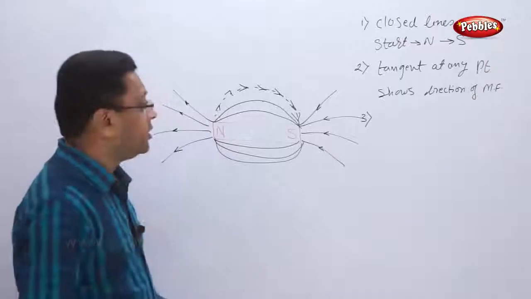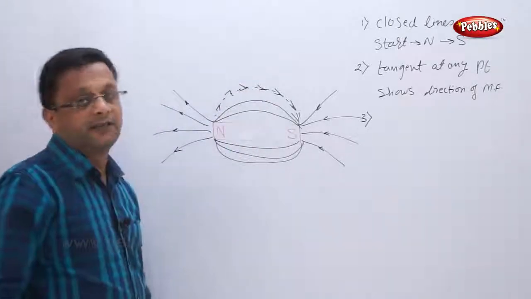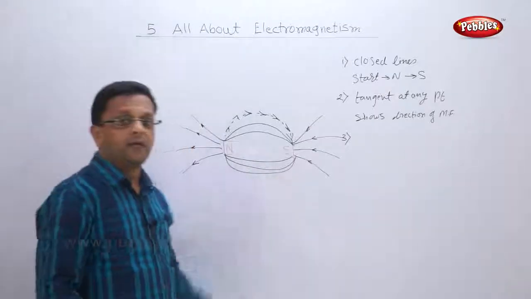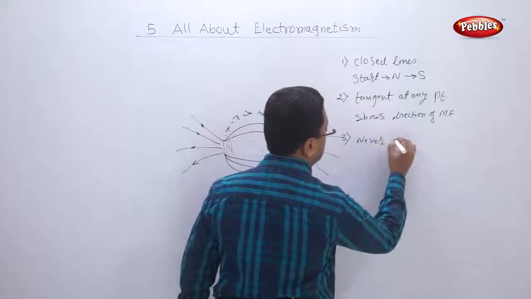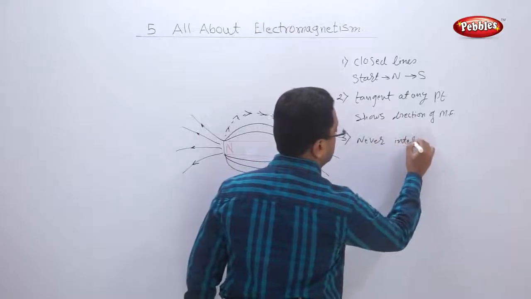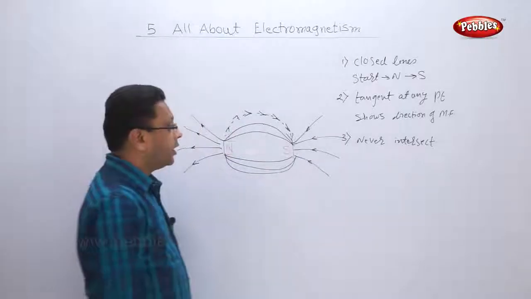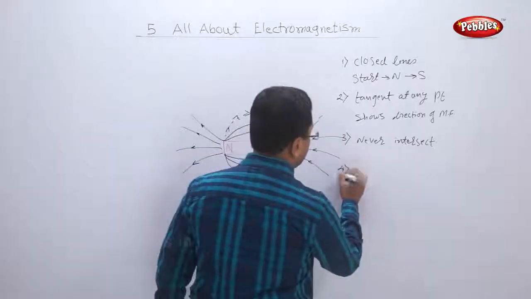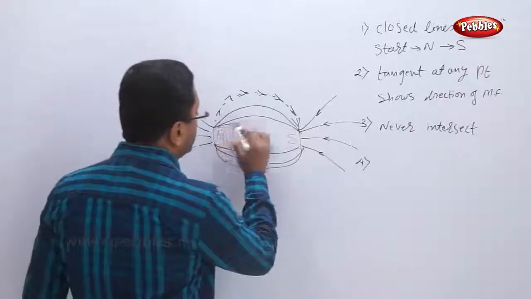The third property is that these lines of forces never intersect each other.